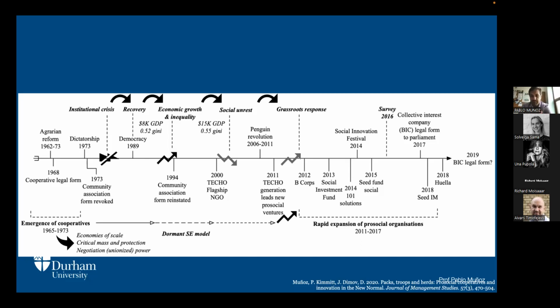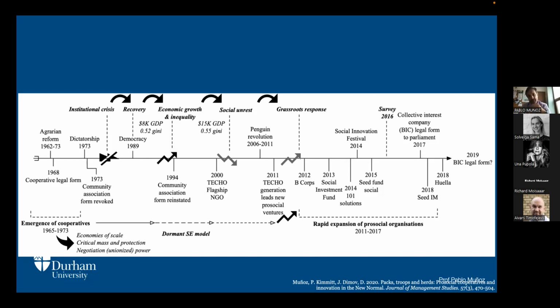So there's been a rapid expansion of pro-social organizations, but very little guidance on how to do it. We were supposed to have a collective interest company legal framework back in 2017, and nothing happened. Then there was a social crisis and a few other things in the country, and obviously we're still lacking a regulatory framework.